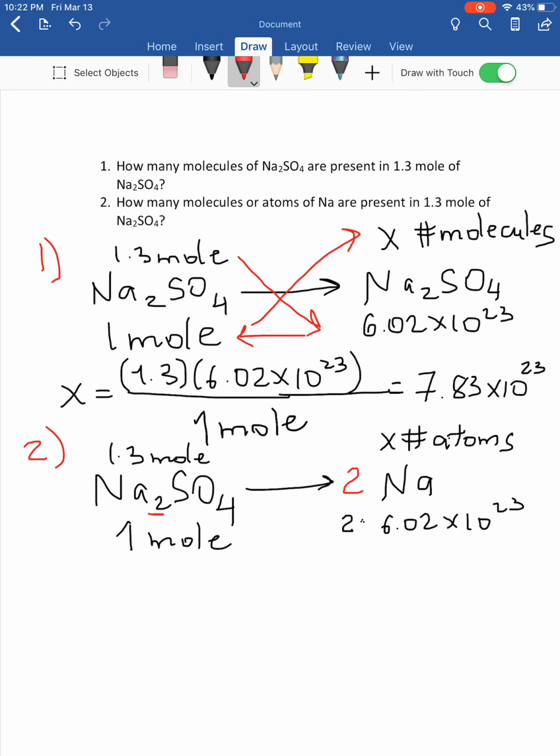To solve for x, again, 1.3 times 2 times 6.02 times 10 to the 23 divided by 1.